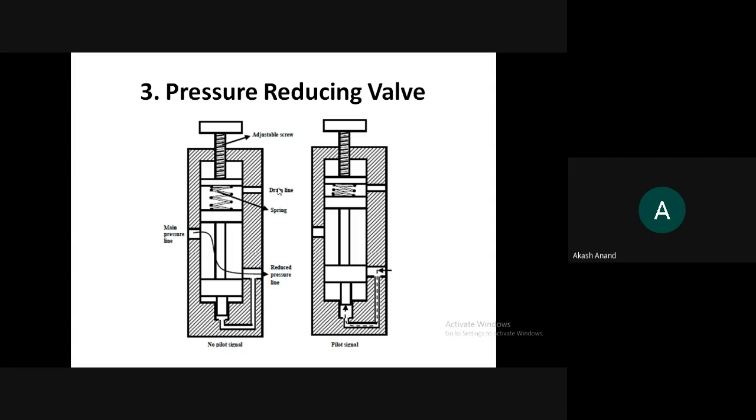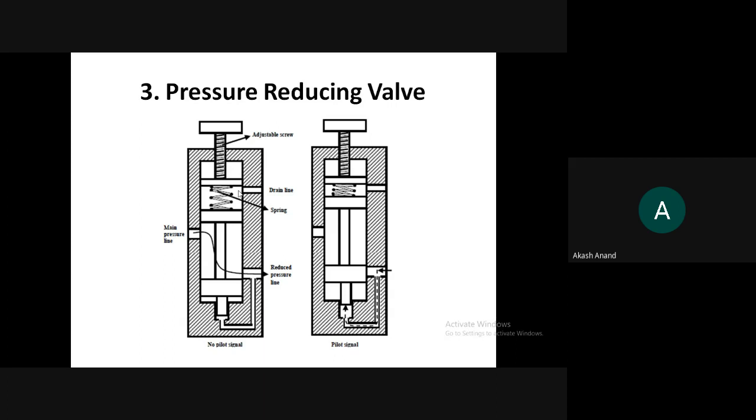If a question comes to explain the pressure reducing valve, you first draw this figure and mark all the necessary parts. Then you can use your logic and connect the arrangement with the help of these components, without any further hard work.